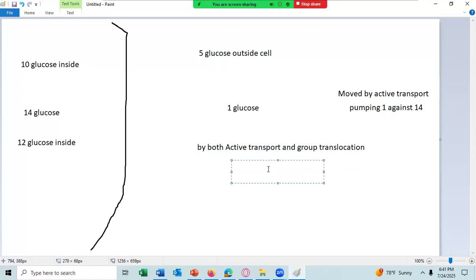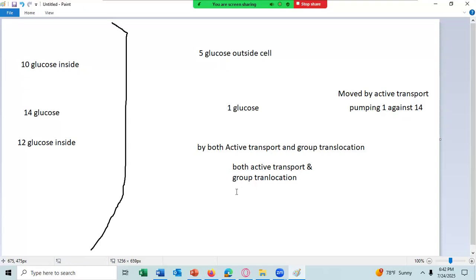So it doesn't matter which we do because it'll be both active transport and group translocation. You'll be pumping 1 against 12.